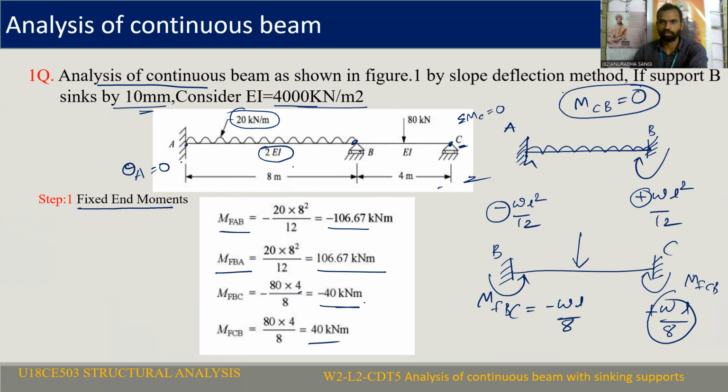This is one of the conditions. The next one is summation of moments at B equal to 0. These are the two joint equilibrium equations. From summation of moments at B equal to 0, you get MBA plus MBC equal to 0, and MCB equal to 0 is another equation.